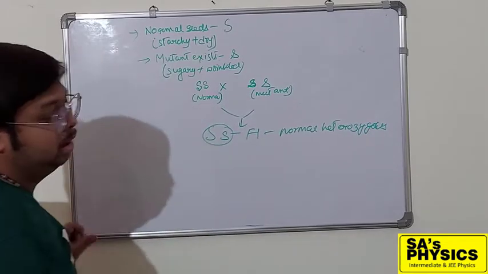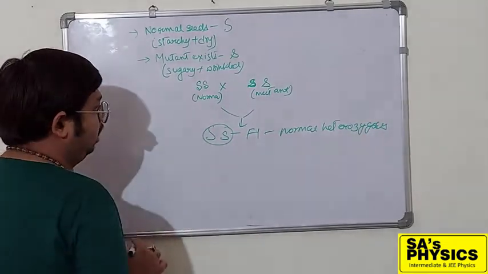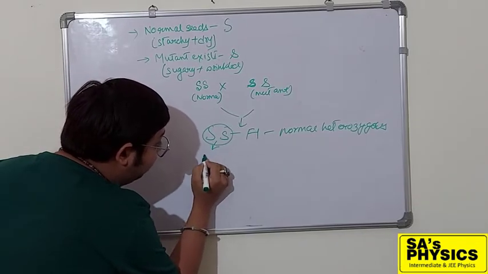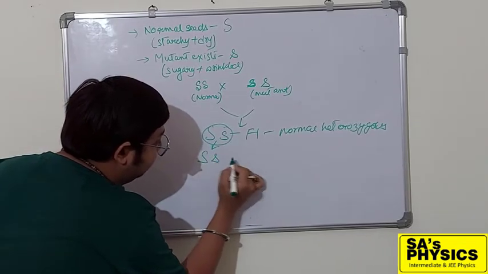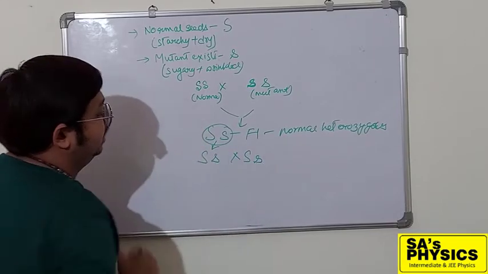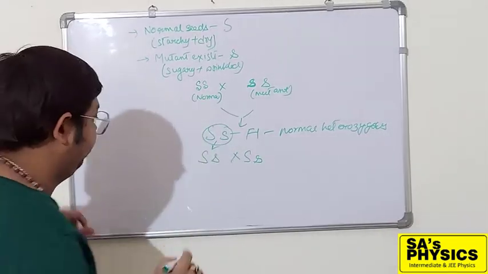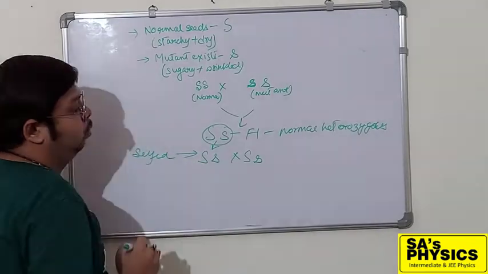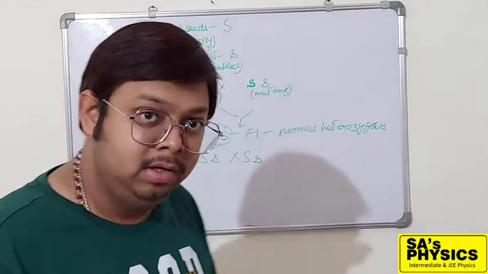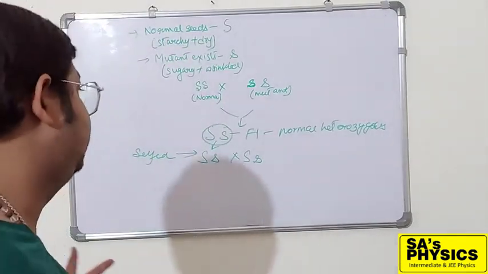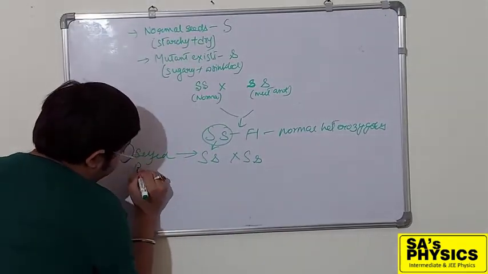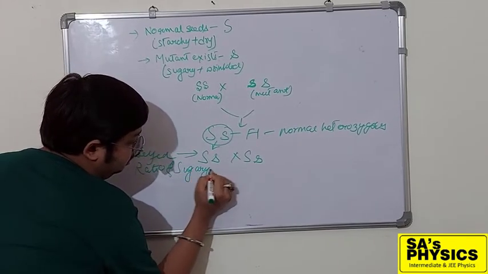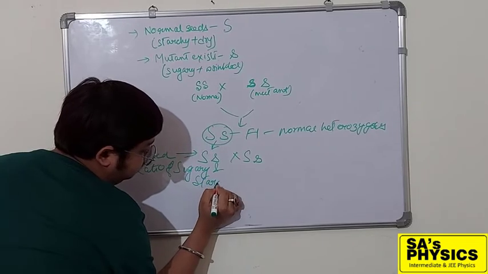Now they ask that when this F1 hybrid is selfed, what will be the ratio of sugary seeds and starchy seeds?